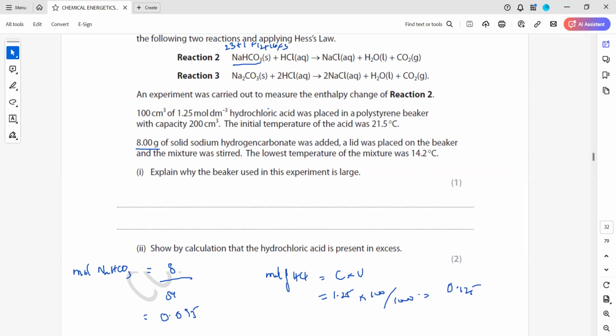As you can see from the equation, the ratio is 1:1. So 0.095 for sodium hydrogen carbonate, and 0.125 for HCl. It means that the moles of hydrochloric acid are more, because 1 mole of sodium hydrogen carbonate requires 1 mole of hydrochloric acid, but we have more than this. It means hydrochloric acid is in excess.